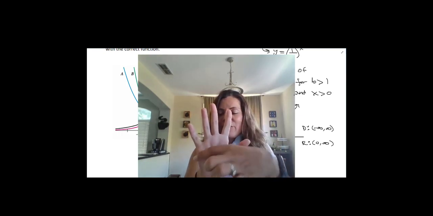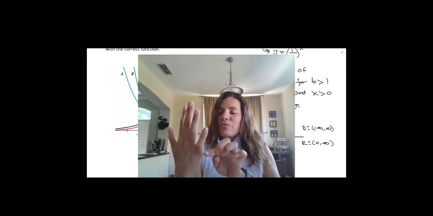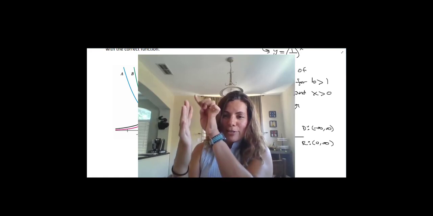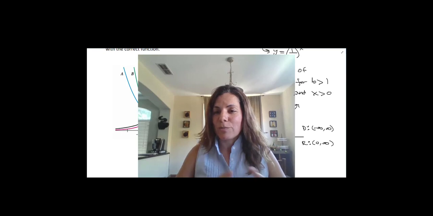I'm going to put my thumb down so you can see. So you have your increasing exponential, your b to the x line in there. And then for the decreasing one, your (1/2)^x or (1/3)^x, look at your left hand. So it's going the other way.